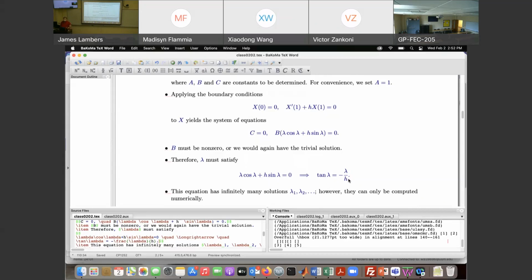So I won't get into that here. Suffice to say that we do have solutions. There are actually infinitely many solutions. I won't be able to say what they are, except that I believe a textbook mentions a few to a certain number of decimal digits. But that's what mathematical software is for, that can compute these.